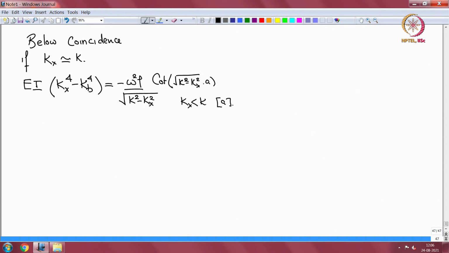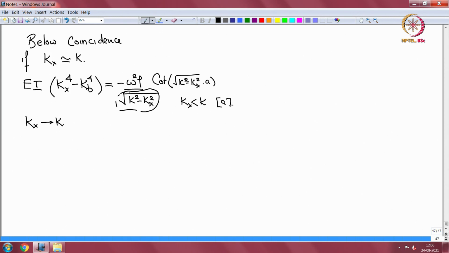Now again, kx is approaching k, the cot value approaches infinity and this term is approaching 0.